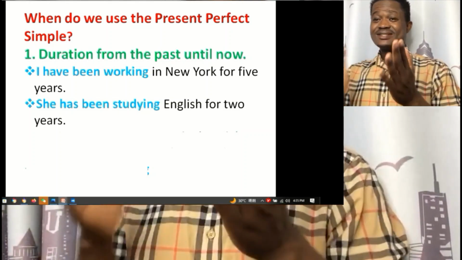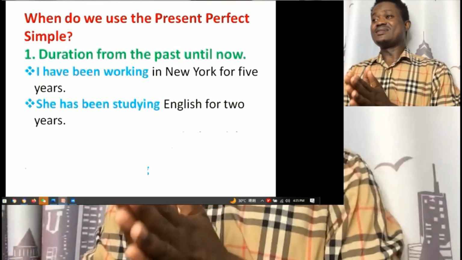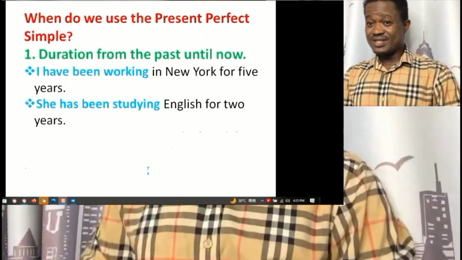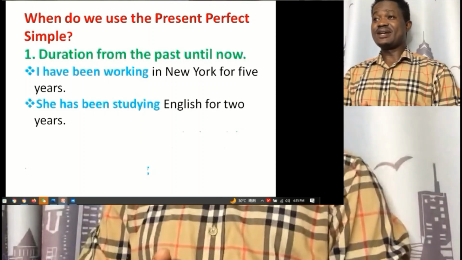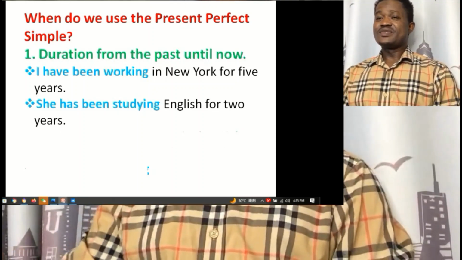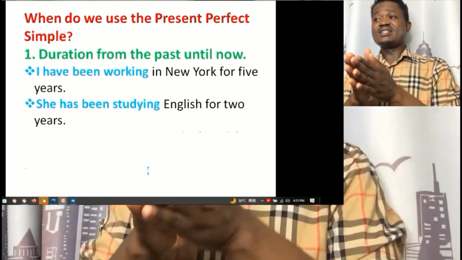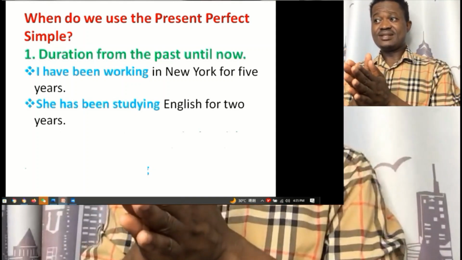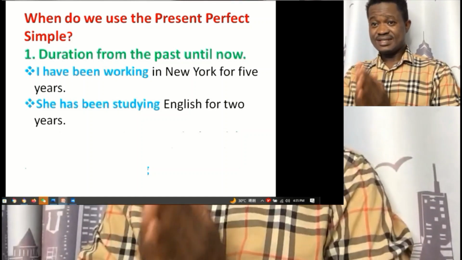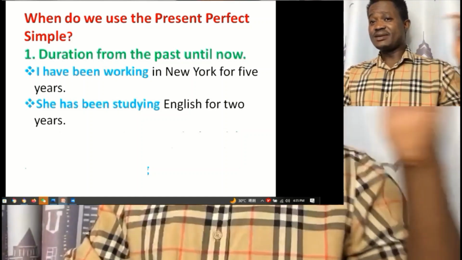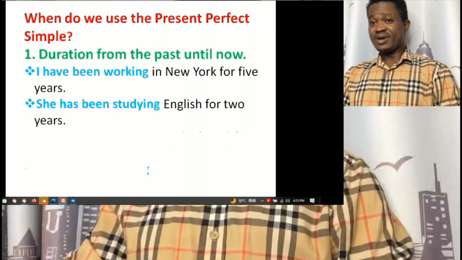So she's still studying English. That's why we say duration from the past until now. She has been studying English for 2 years, still studying English. Started in the past, still going on right now.